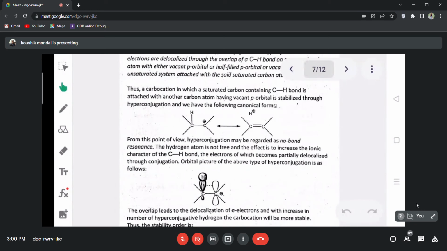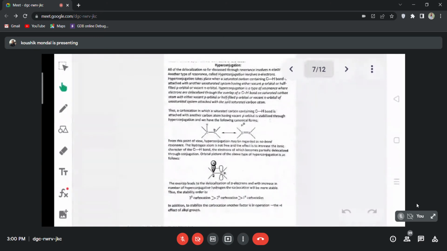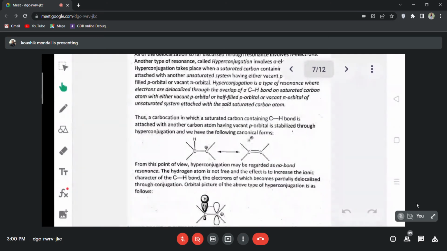Okay, so by definition, hyperconjugation is also a type of resonance where electrons are delocalized through the overlap of a sigma CH bond on a saturated carbon atom with either a vacant p orbital, a half filled p orbital, or a pi orbital of the unsaturated system attached to the saturated carbon.